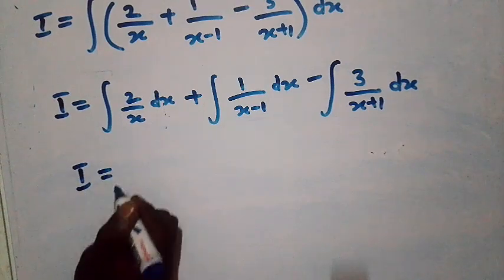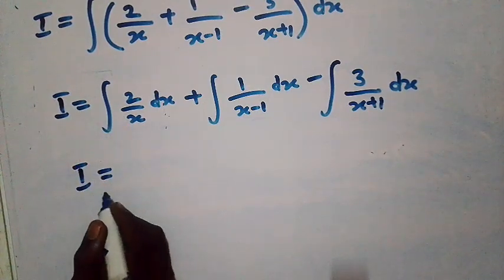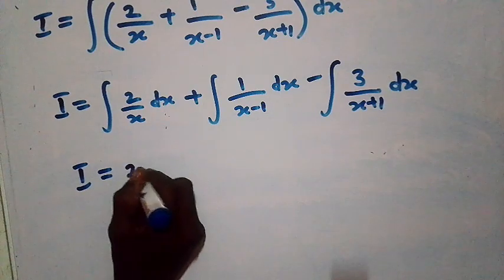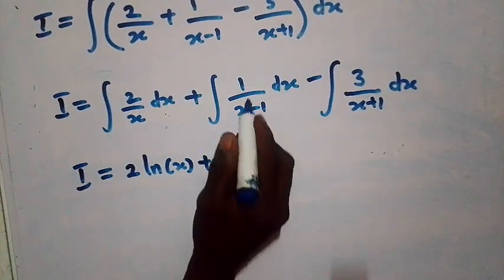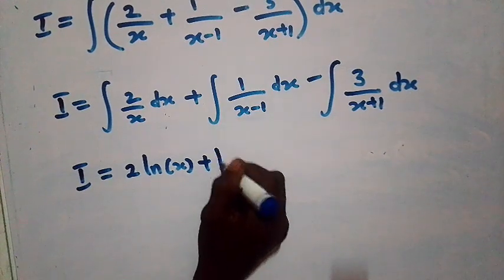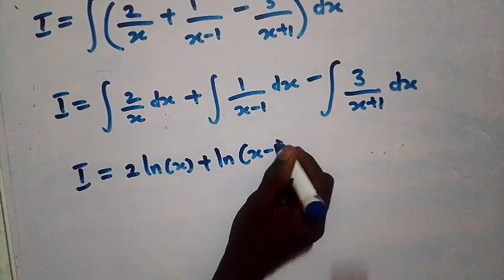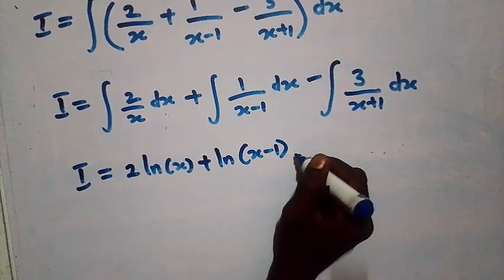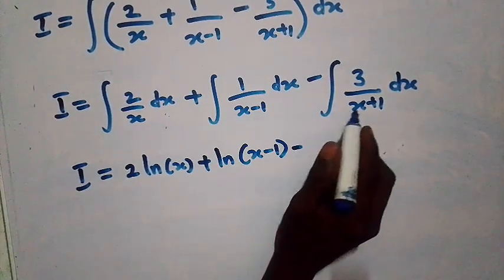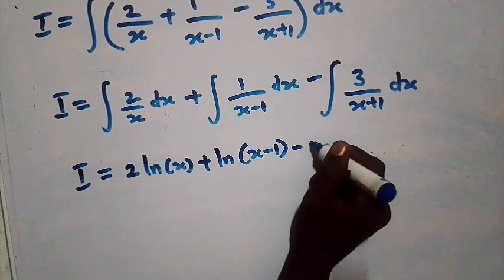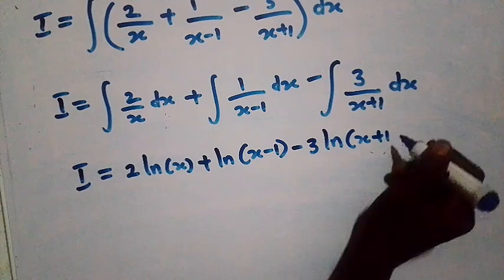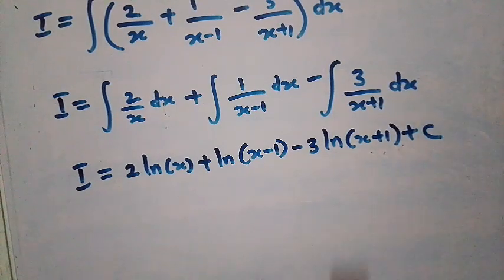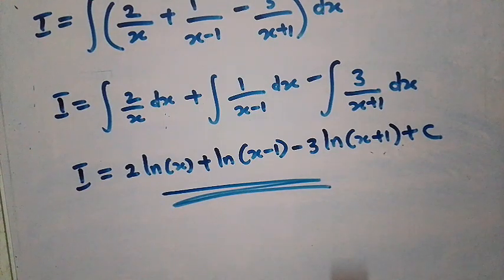I will now be equal to, the integral of 2 over x will give 2 log of x, plus the integral of 1 over x minus 1 will give log of x minus 1, minus the integral of 3 over x plus 1, which is 3 log of x plus 1, plus C, which is an arbitrary constant. And this will be our final answer.